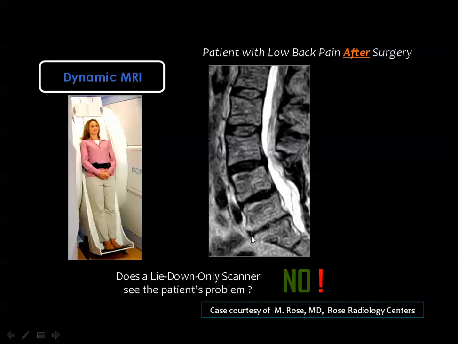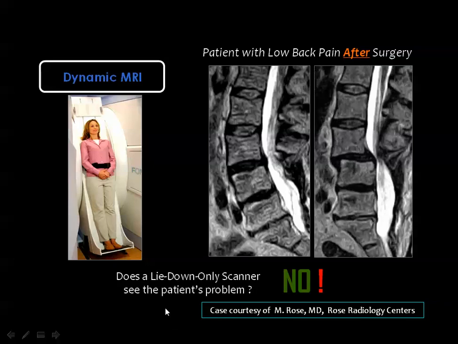He is still complaining, but the supine or the recumbent MR examination showed that there is no evident postoperative complications. But whenever we examine the patient in the erect position with some axial load on the spine, there is a definite abnormality at this level.